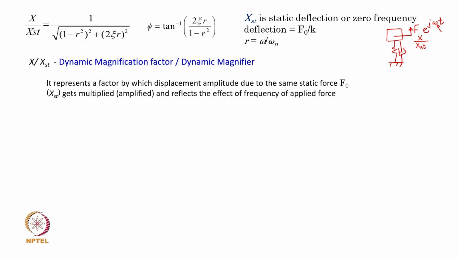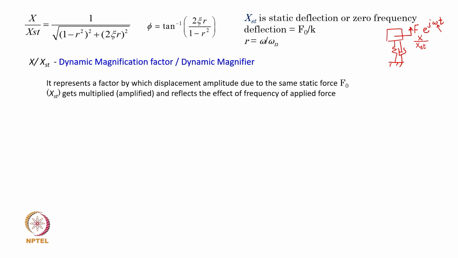Which means that if instead of a static force, I cause that force to fluctuate and vary with certain frequency acting on the vibratory system, the amplitude changes from xst to x, and you will find that in general that ratio is more than 1, of course, barring certain frequency range.